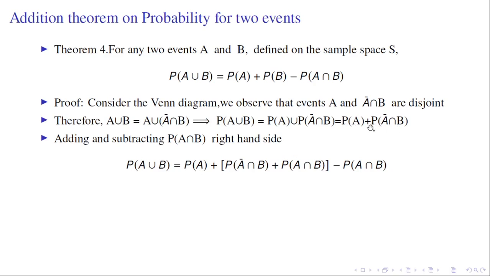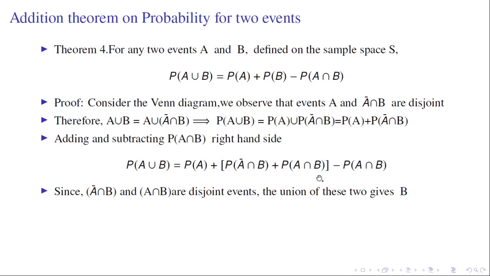Here, to this expression, we add and subtract probability of A intersection B. This is the expression: adding probability of A intersection B minus probability of A intersection B. Here, take these two terms together. We know that A bar intersection B and A intersection B are disjoint, and the union of these two gives B. Therefore, instead of probability of A bar intersection B plus probability of A intersection B, we can write probability of B. We have seen this in the previous theorem.